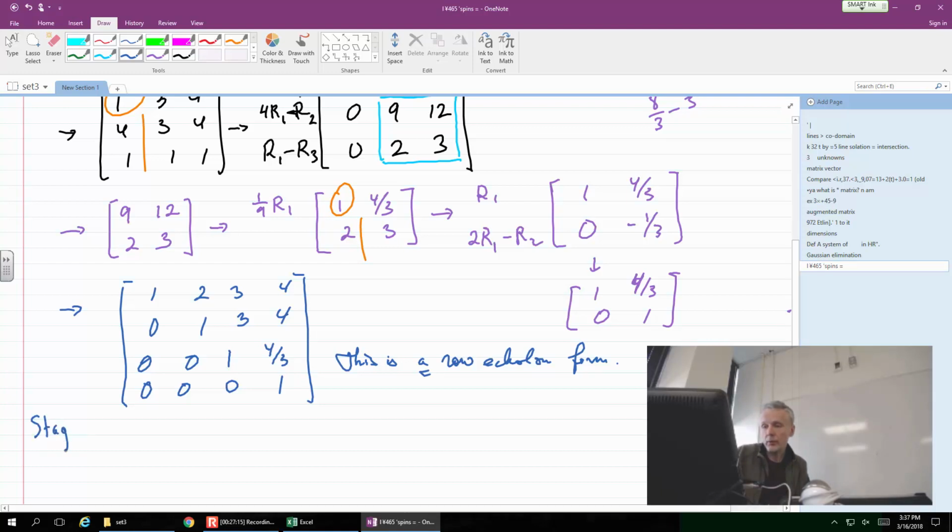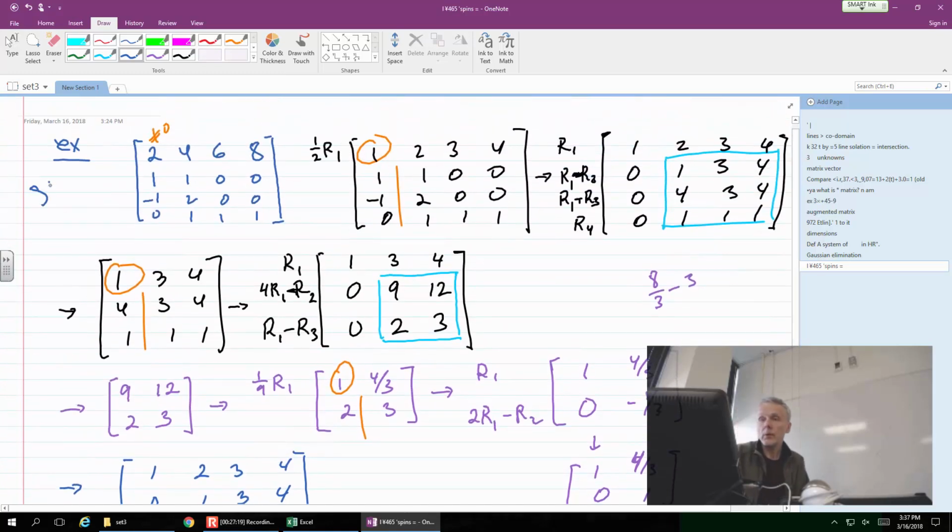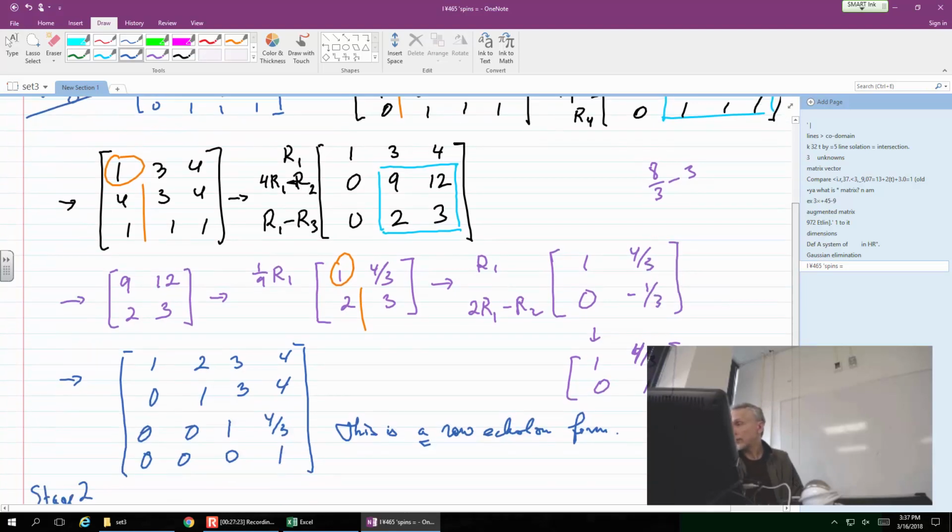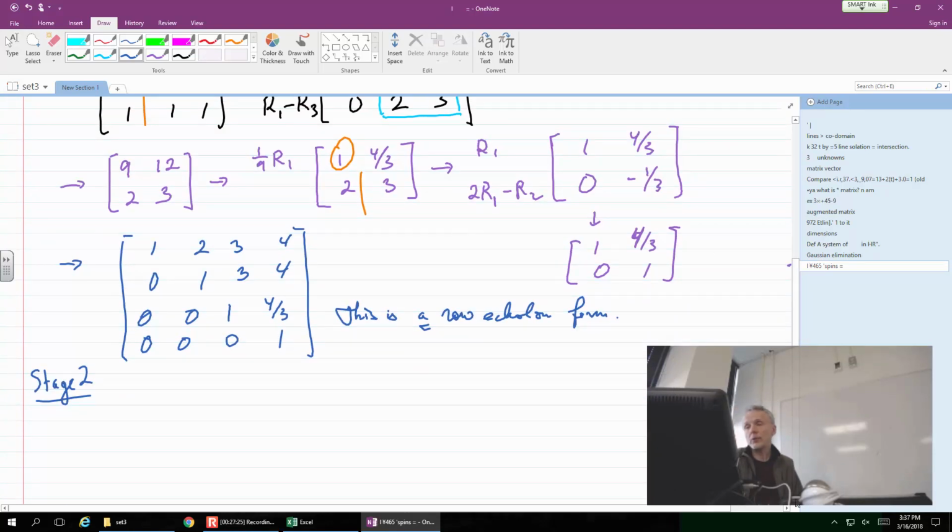Now stage 2. Let's go on to eliminate a few more entries. So I'm going backwards now. I'm using this leading 1 to eliminate entries above it.